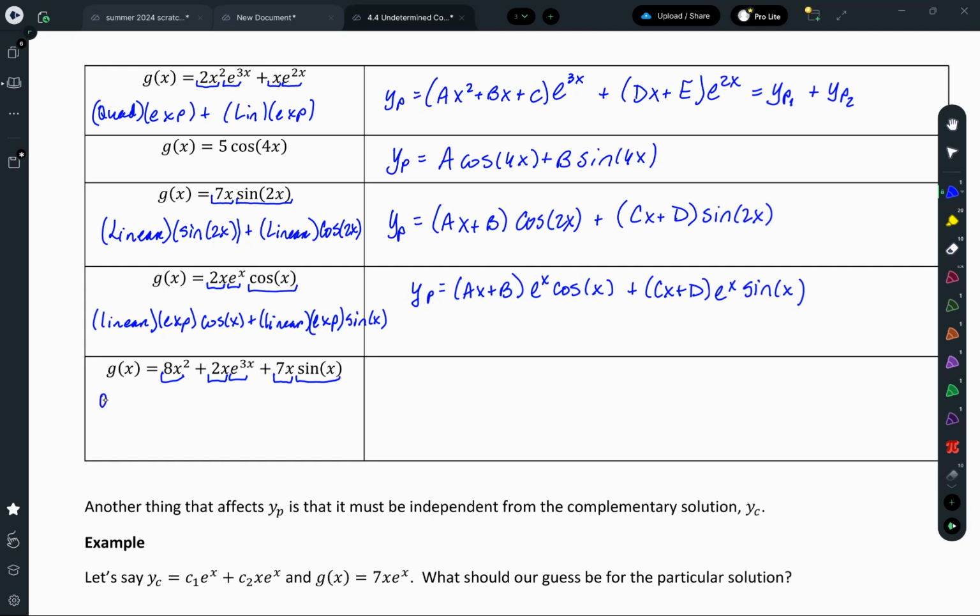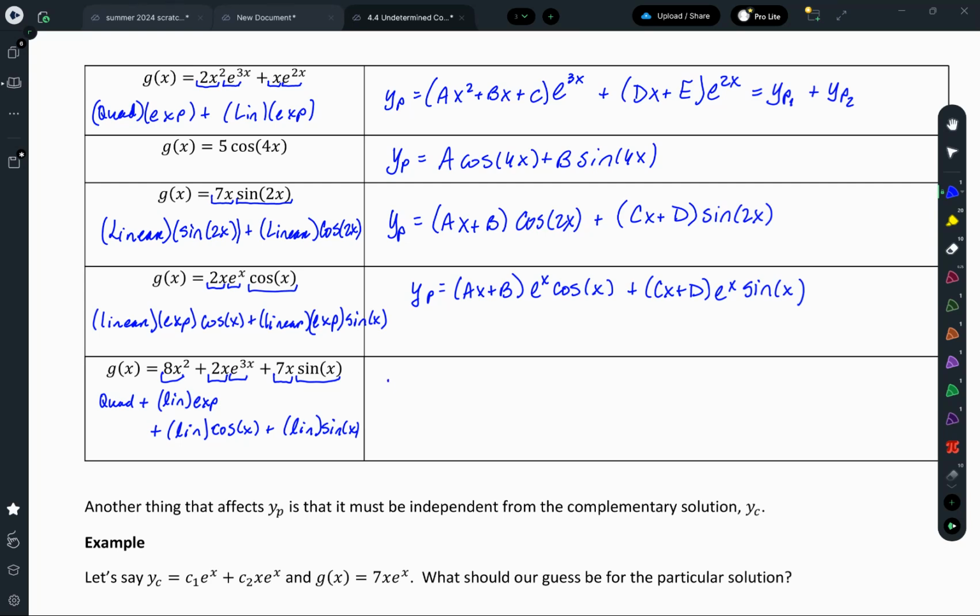So we should have a quadratic plus a linear times an exponential plus a new linear times the cosine of x plus another new linear times the sine of x. Okay, so the linear function in its standard form shows up 3 times, but each time it shows up, it has to be unique from the other times.